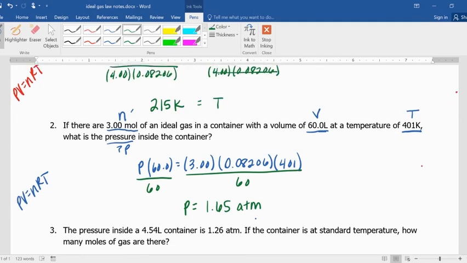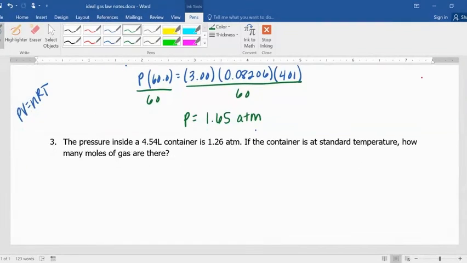Lovely. Okay, let's try solving for one more variable. Let's try this third problem here. So the volume is 4.54 liters. Liters is going to be our volume. And then here's the pressure.